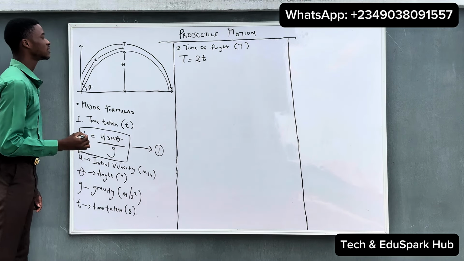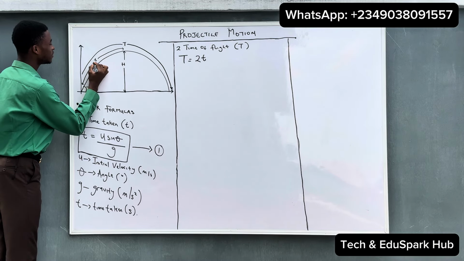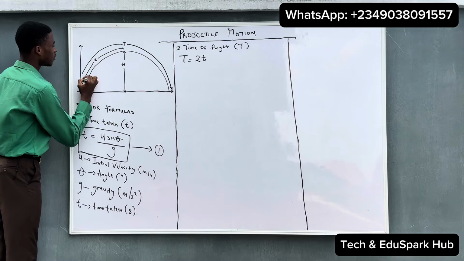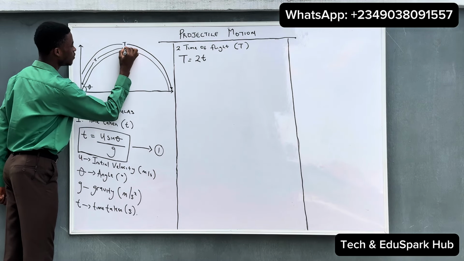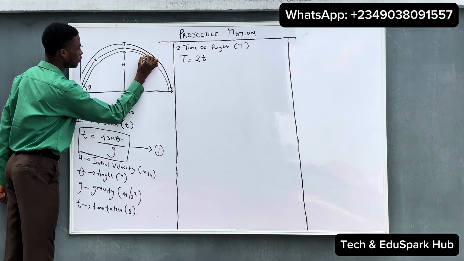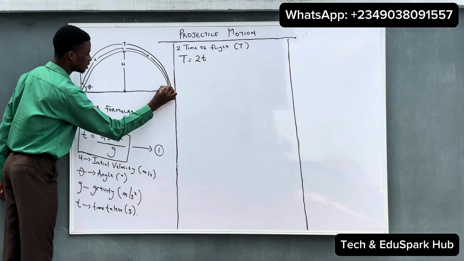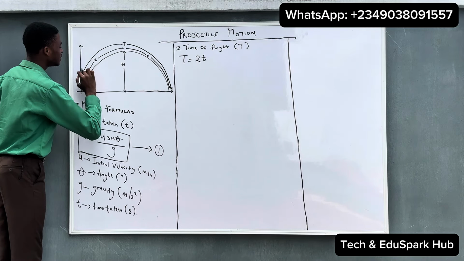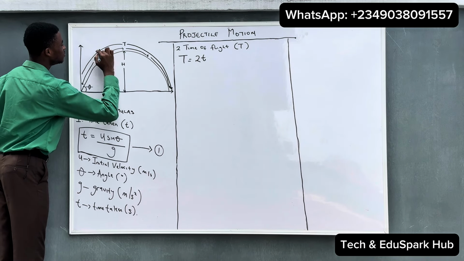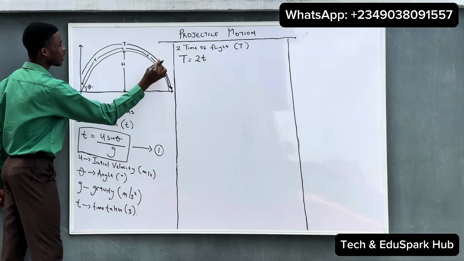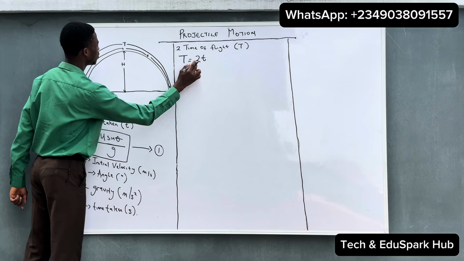This is because this t is the time taken from the point of projection to the maximum height, and we have another t here, which is from the maximum height back to the level where it was projected. So this is another t, and these two t's form the big T, which is the time of flight, and that is why the formula for the time of flight is equal to 2t.